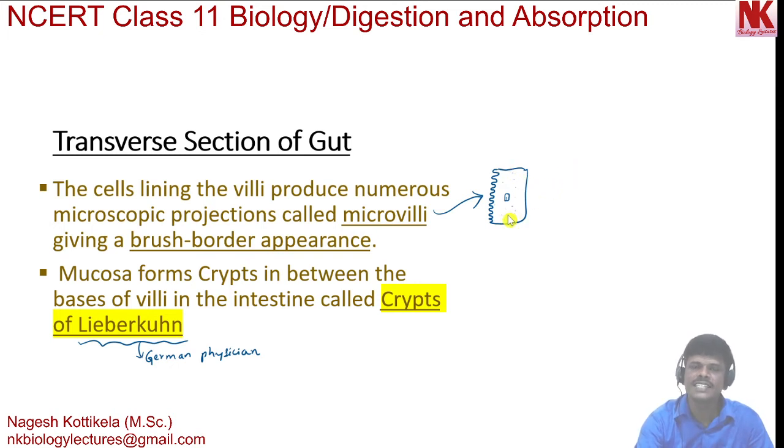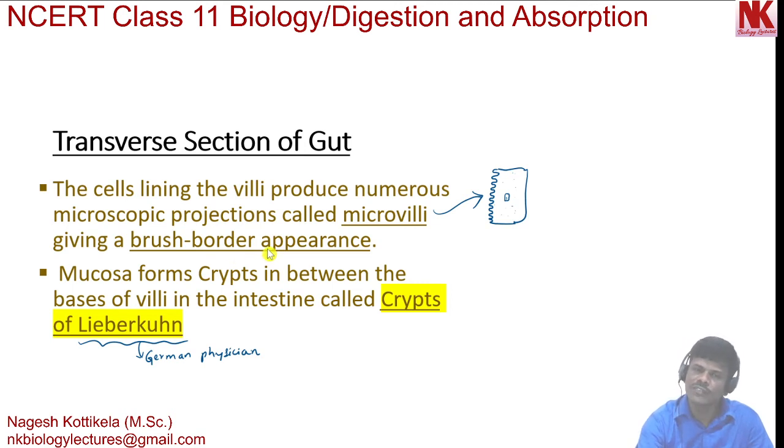Let's suppose this is a cell lining the villus. Here you can see the protoplasmic projections. These are numerous microscopic protoplasmic projections. These are called microvilli. These microvilli give a brush border appearance.